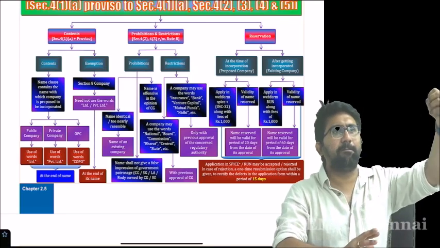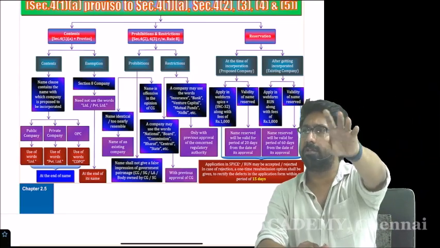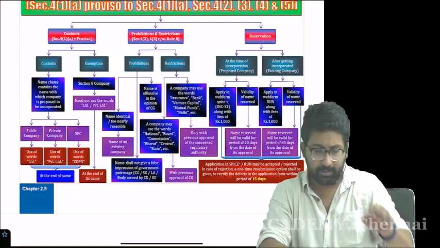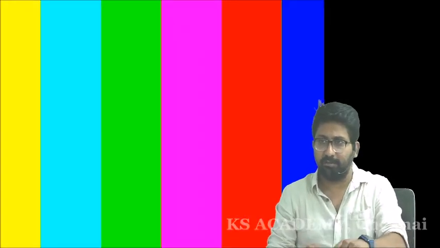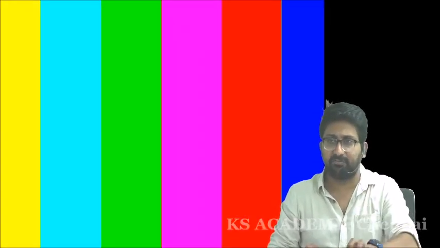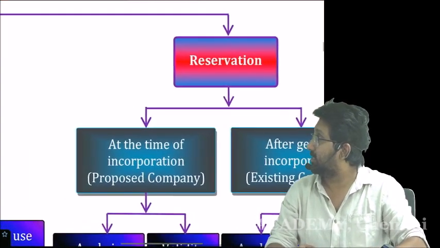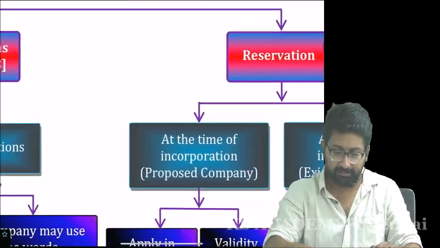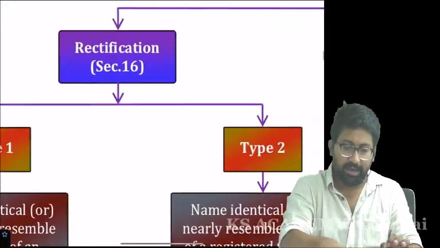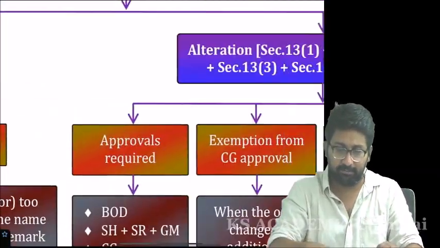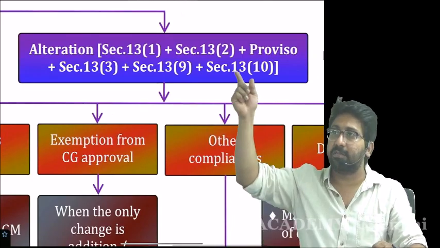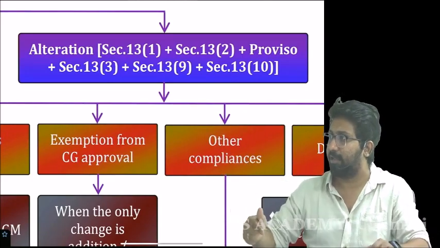For example, the name clause concept is covered in section 4. Section 4 we took here. Prohibitions are there. Section 4(2)(3) we kept here. Reservation is a rule, we kept here. Rectification is section 16, we kept here. Alteration, the subsections in section 13, we kept here.